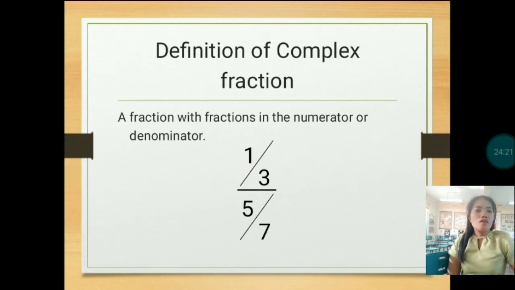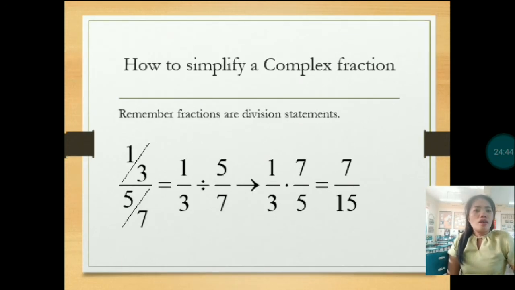Okay, next. Now, what about a complex fraction? It is a fraction with fractions in the numerator or denominator. For instance, you have 1 over 3 divided by 5 over 7.